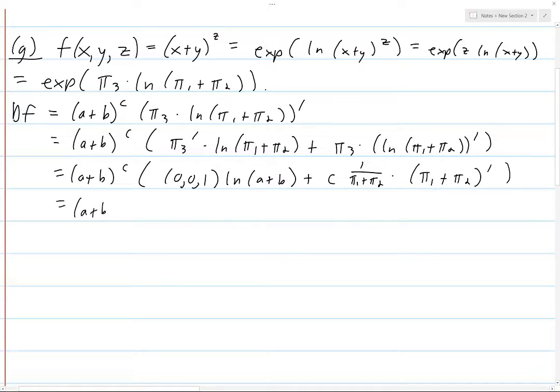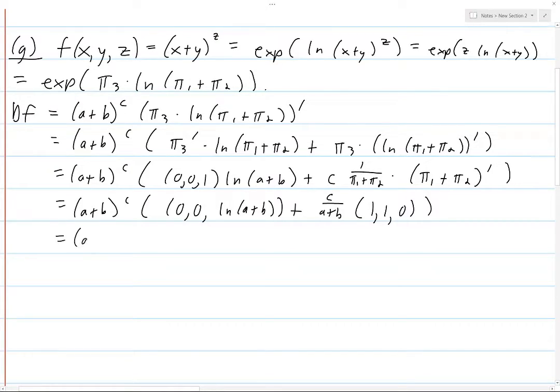Alright, so we have a plus b to the c. Now here we've got 0, 0 natural log a plus b. And here we've got c over a plus b. And when we take the derivative of pi 1 plus pi 2, we get 1, 1, 0. Okay, so that's what we have there.